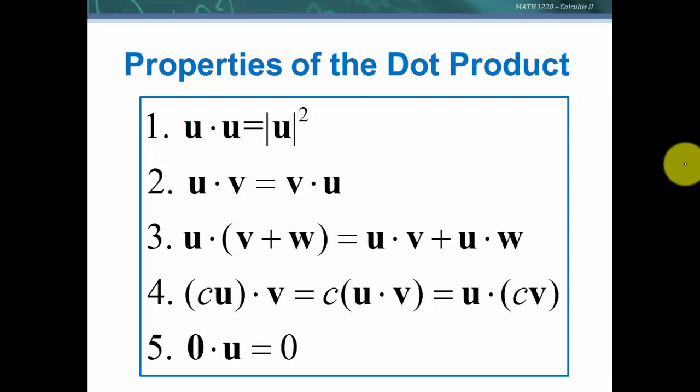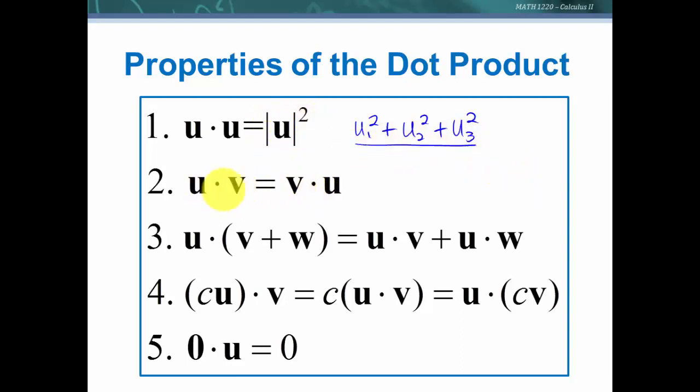So, some properties of the dot product, and these are easy to see if you just write out essentially what they mean. If we dot a vector with itself, then we have the magnitude squared, because when we dot them, we do first component times first component plus second component times second component plus third component times third component. If those components match, we have the magnitude squared.